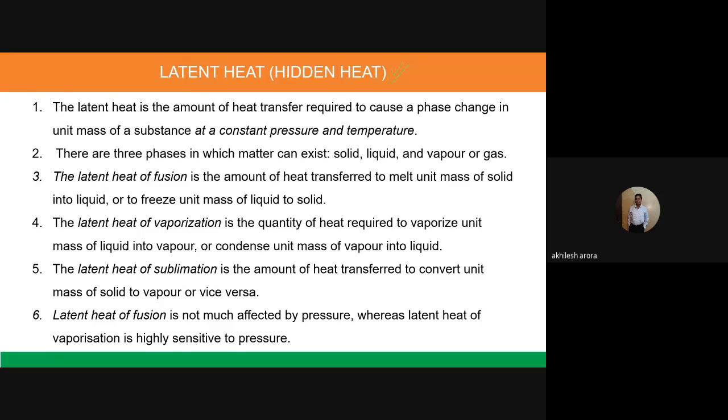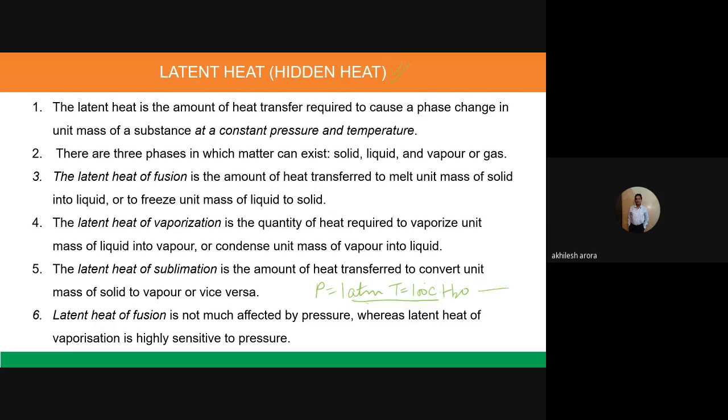Now take another example. Suppose we have water at 100 degrees Celsius at atmospheric pressure. So what I am saying is that the pressure of the water is 1 atmosphere and its temperature is 100 degrees Celsius, and it is the boiling point. So when I supply the heat, it is water, so it's liquid.